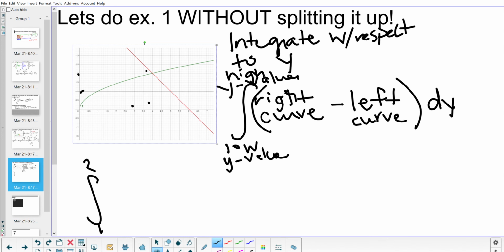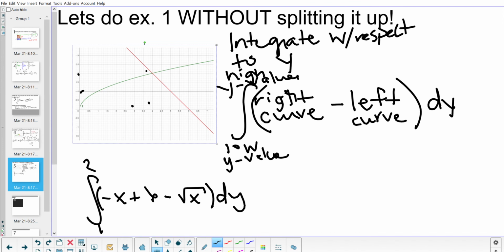Okay, so then the rightmost curve would be, let's see, the red line. So that's negative x plus 6. And then minus the left curve, which is the square root of x, dy.